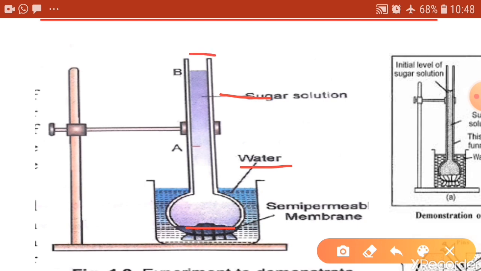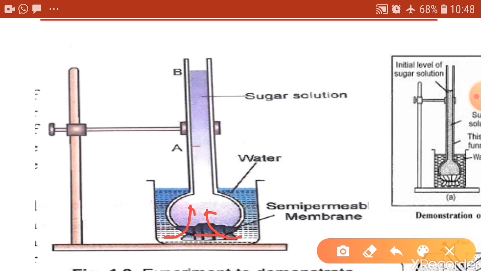The rise in the level after some time is because water from the beaker enters the thistle funnel through the semi-permeable membrane.